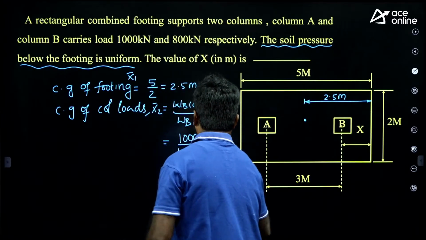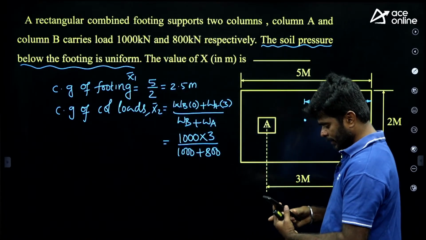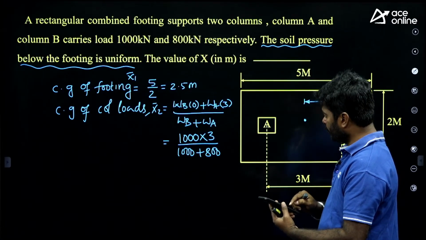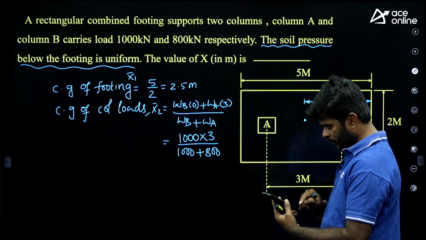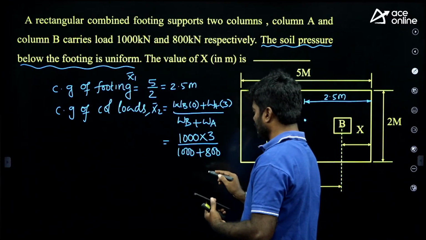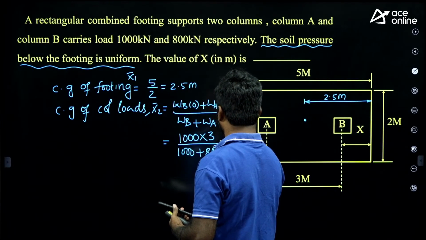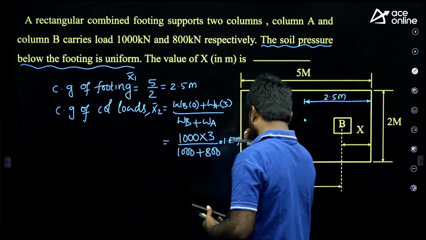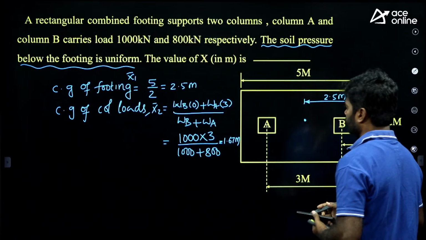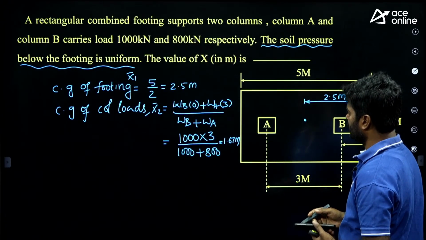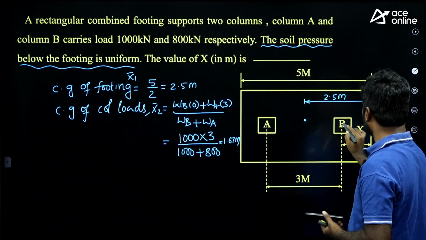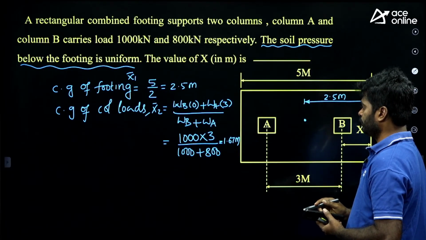It is 3000 upon 1800. I am getting 1.666. Let us take 1.67 meter. Now the question is, from where to where is it 1.67 meters? My dear, from the CG of the column. WB is 0, so you can take it from here.